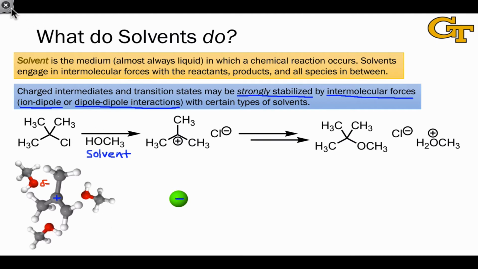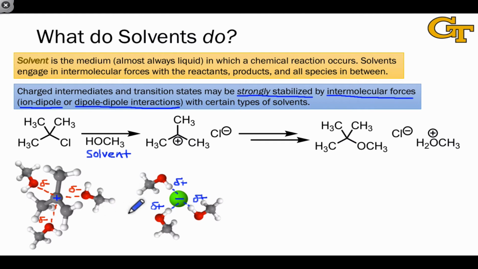I've just shown 3 here to illustrate the point that solvent molecules can engage with the carbocation in order to stabilize it. Of course, methanol has a positive end as well, and the partially positive hydrogen atoms of the OH group can also engage in ion-dipole interactions with chloride, stabilizing this ion.